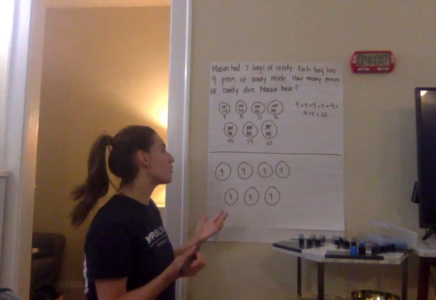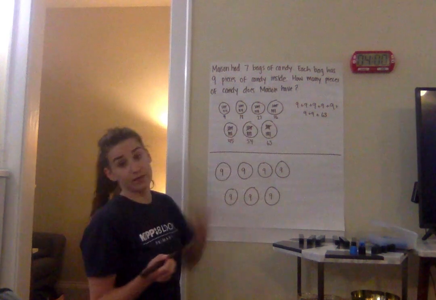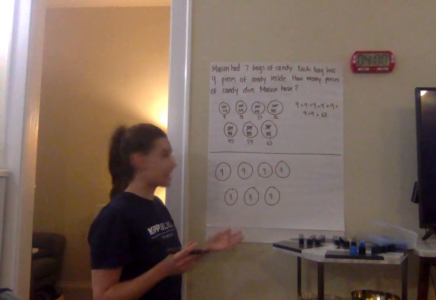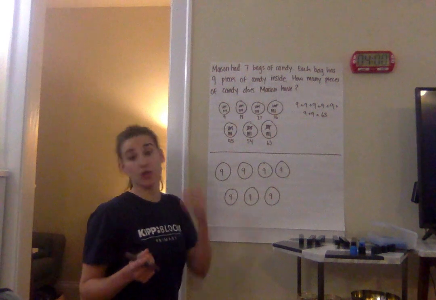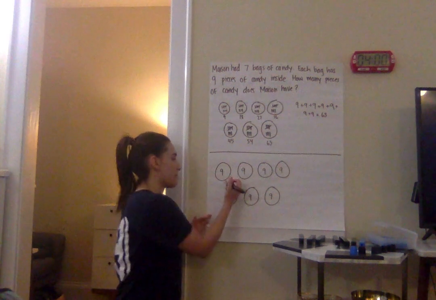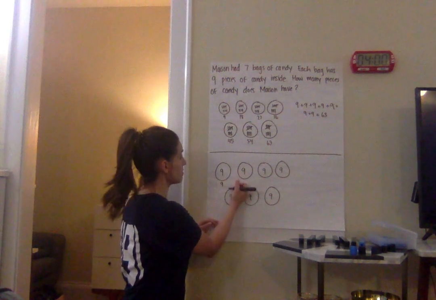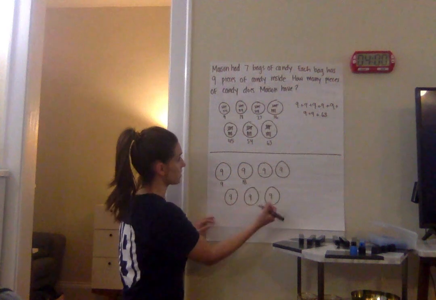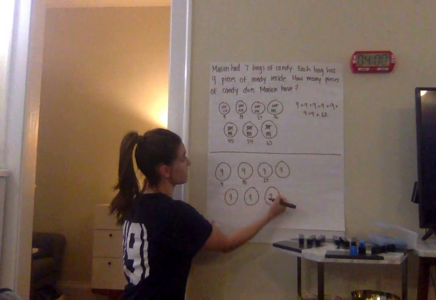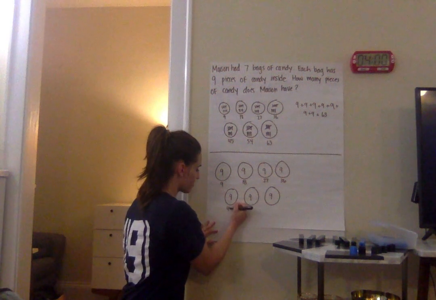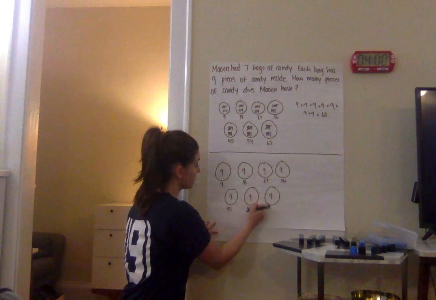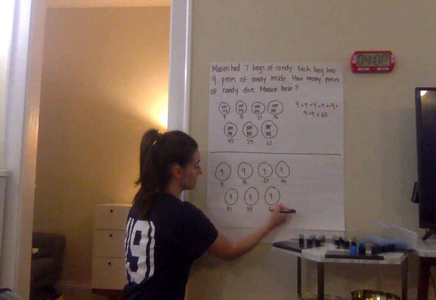Great. Now what I'm going to do is I'm going to count them up just like I did before. I'm not going to count again. I'm going to use the numbers I already got. I could count on my fingers or draw them out if I needed to. But I'm going to count my 9s. 9, 18, 27, 36, 45, 54, 63.